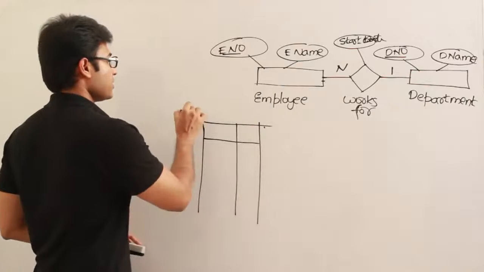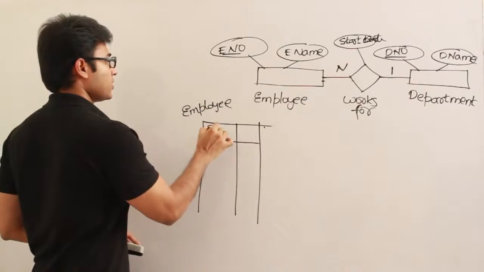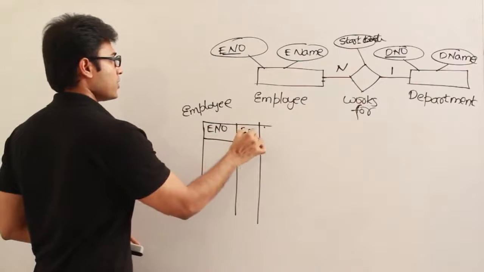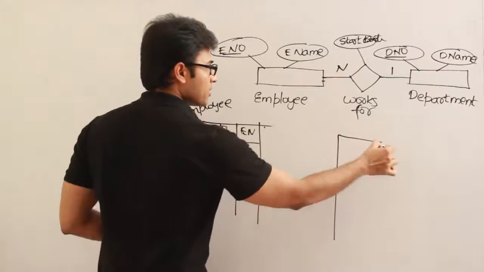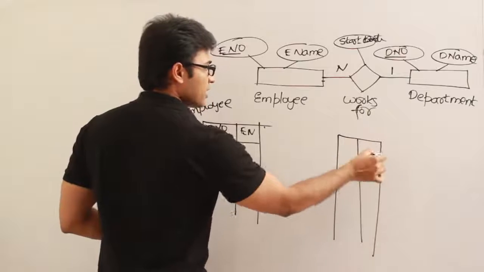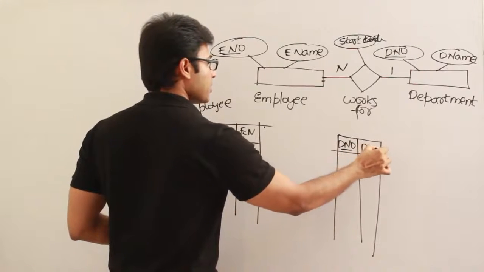This is the employee relation, right? One is employee number and other is employee name, and it is a primary key. And we know that department is also having two attributes. One is department number, which is the prime attribute, and department name, right?